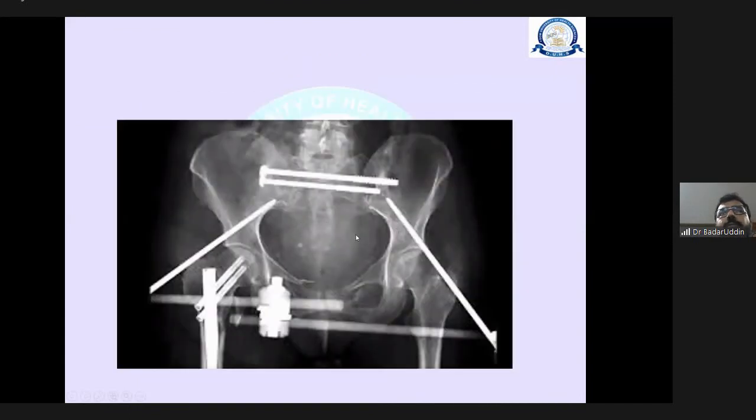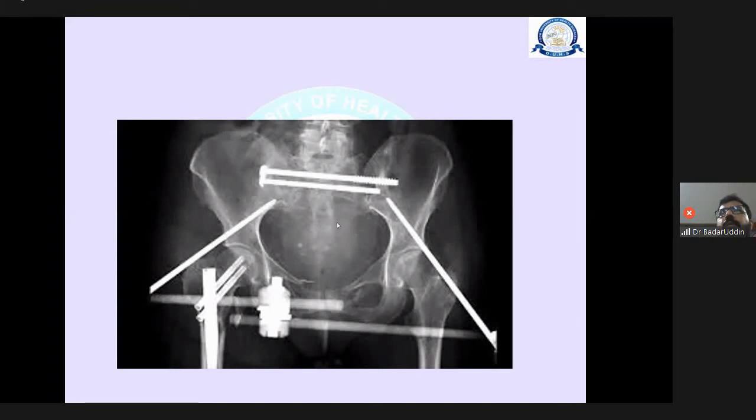And if the patient bleeds and it doesn't control, then you have other options of doing pelvic packing or angioembolization. Angioembolization means you put a catheter to localize where the bleeding comes from, and you stop that by putting some material into the vessels.